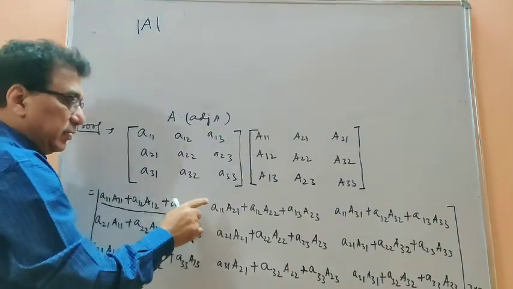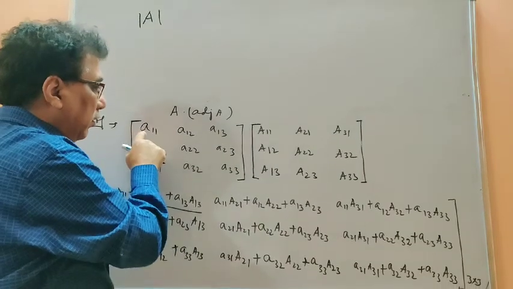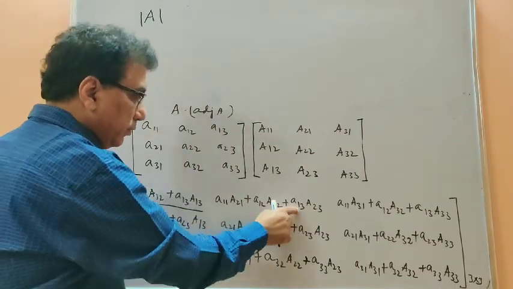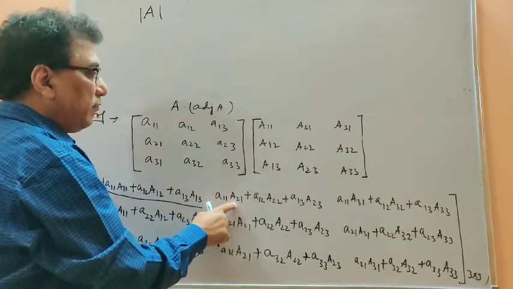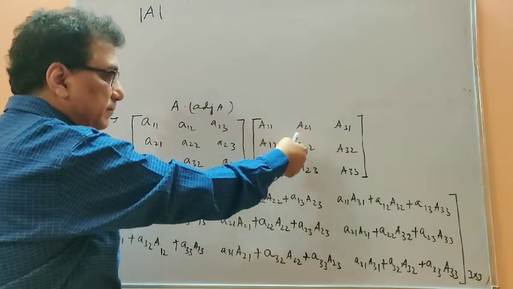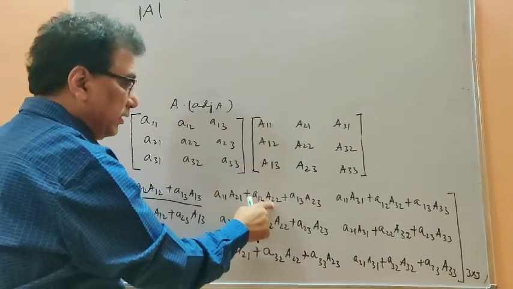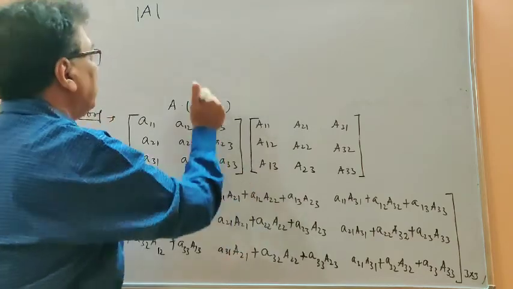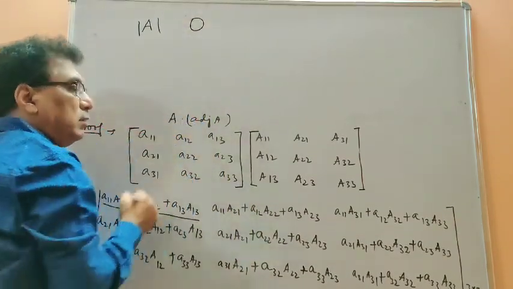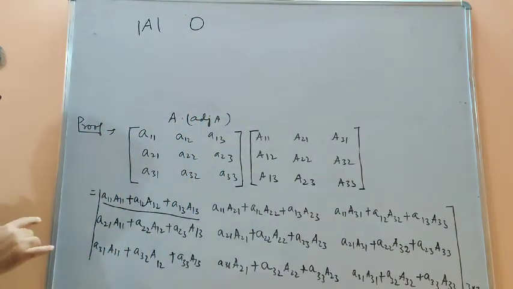Now what we find here is that the elements are of first row, but the cofactors are of second row: A21, A22, A23. So this result will be 0, as I have discussed.